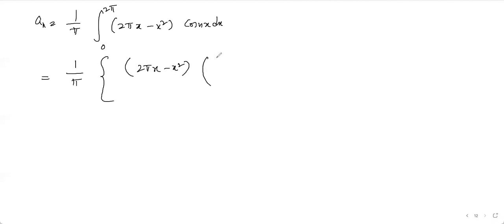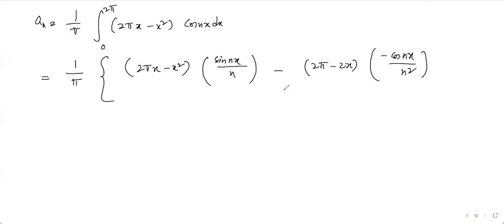Integration of this would be sine nx by n, minus 2 pi minus 2x, minus cos nx by n squared, plus minus 2 minus sine nx by n cube, from 0 to 2 pi.